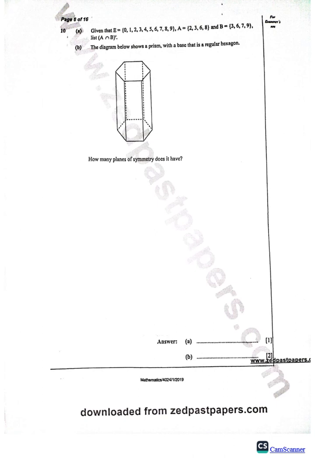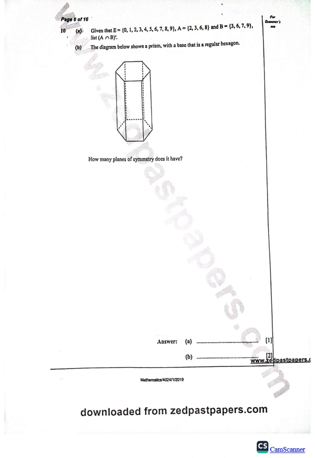10. Given that the universal set is equal to 0, 1, 2, 3, 4, 5, 6, 7, 8, 9. Then set A is 2, 3, 6, 8 and B is 3, 6, 7, and 9. So list (A intersection B) complement.